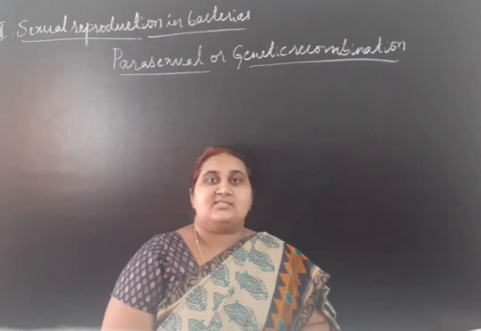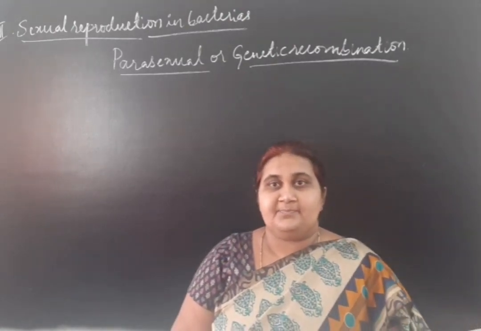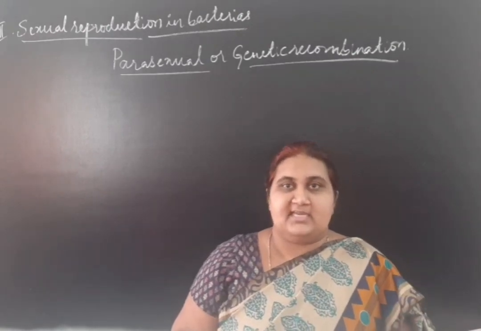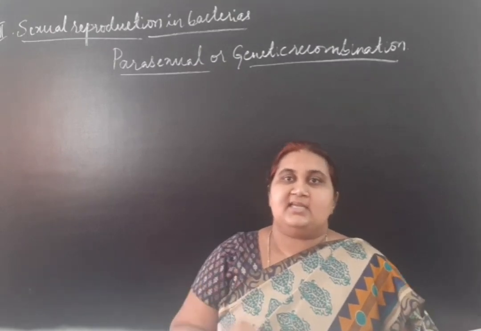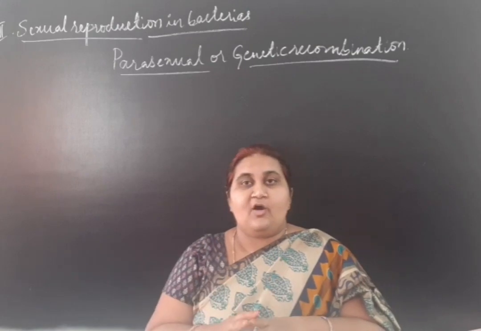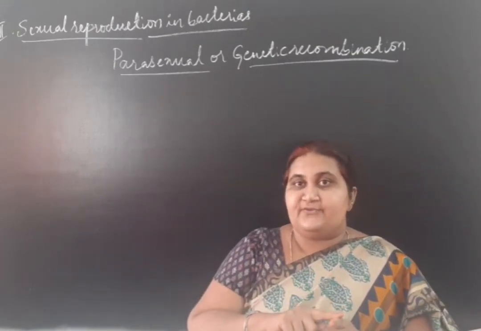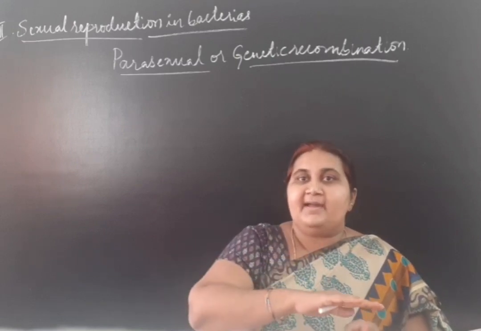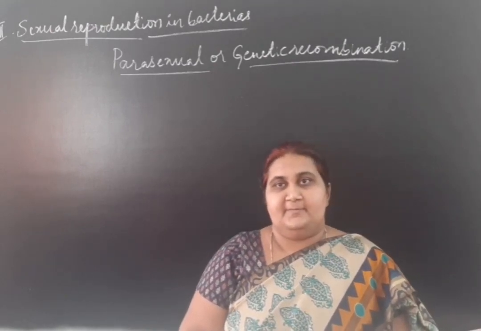Unlike the sexual reproduction seen in higher organisms, there is no meiosis taking place and no formation and fusion of gametes in bacteria. But there is an involvement of two bacterial cells, and there will be the transfer of the genetic material, the genes, from one bacterial cell to another.